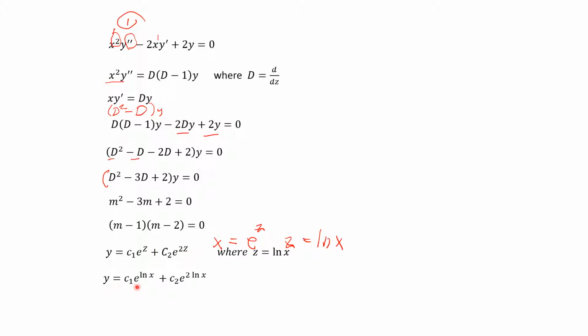You have y equals c1 e to the ln x plus c2 e to the 2 ln x. Now e to the ln x is just equal to x, and e to the 2 ln x is just equal to x squared. Therefore, our general solution is y equals c1 x plus c2 x squared.